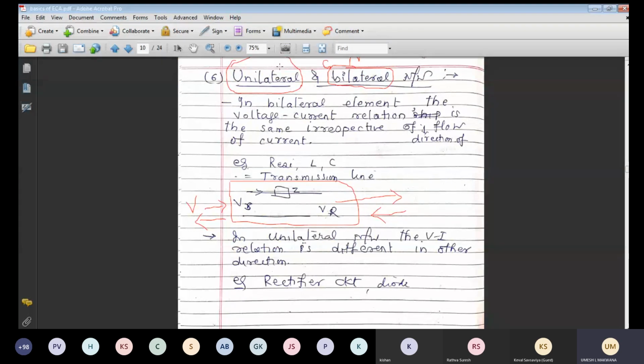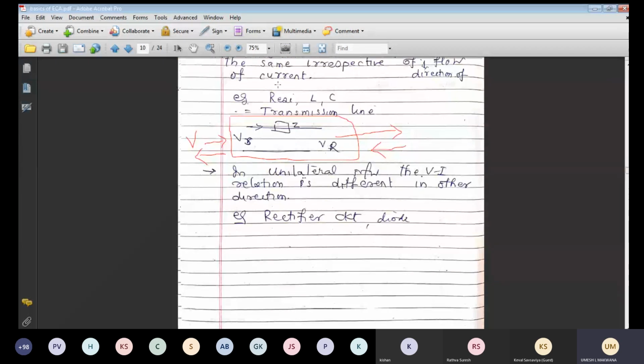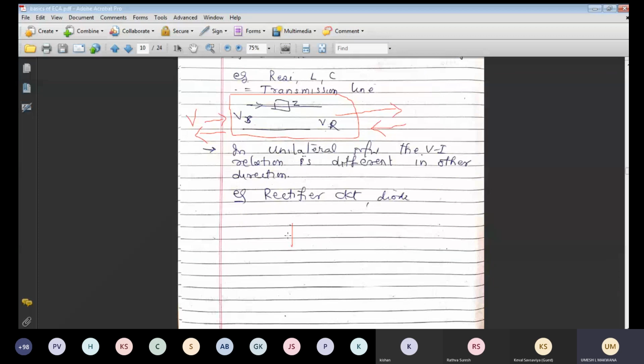Now, as an example of a unilateral network, I am giving the rectifier circuit. Suppose this is a rectifier circuit that you have already studied in first year, the half wave rectifier and full wave rectifier. I am giving input that is AC, and I am getting output here that is DC.